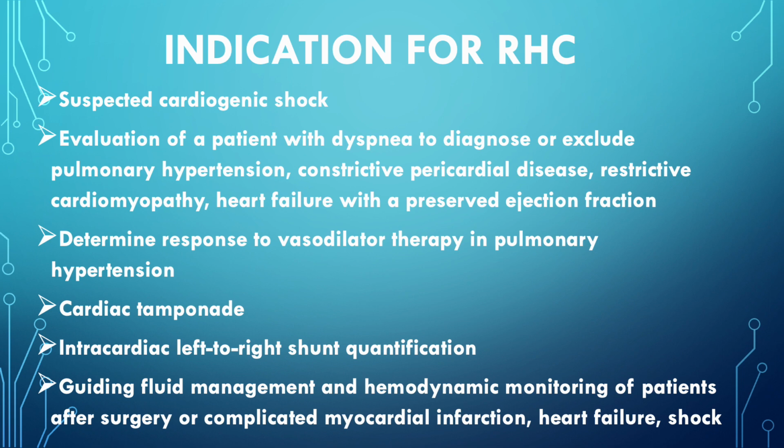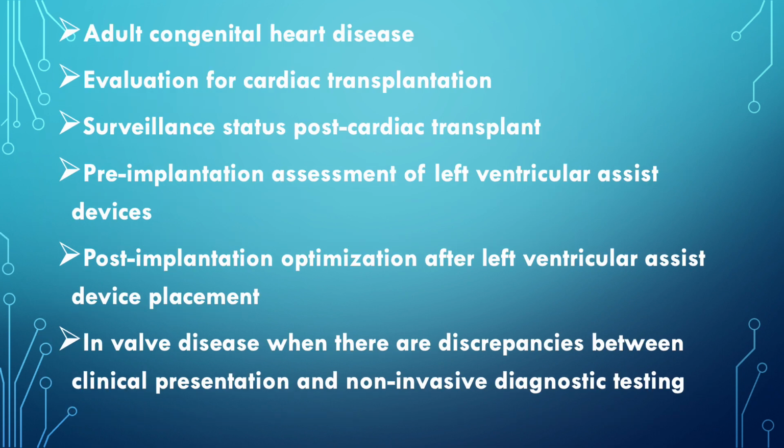If the patient needs fluid management, the hemodynamic catheter measurements in the right heart will help to give the proper amount of medications or fluids to the patients, especially after surgery or complicated myocardial infarction, heart failure, or shock.